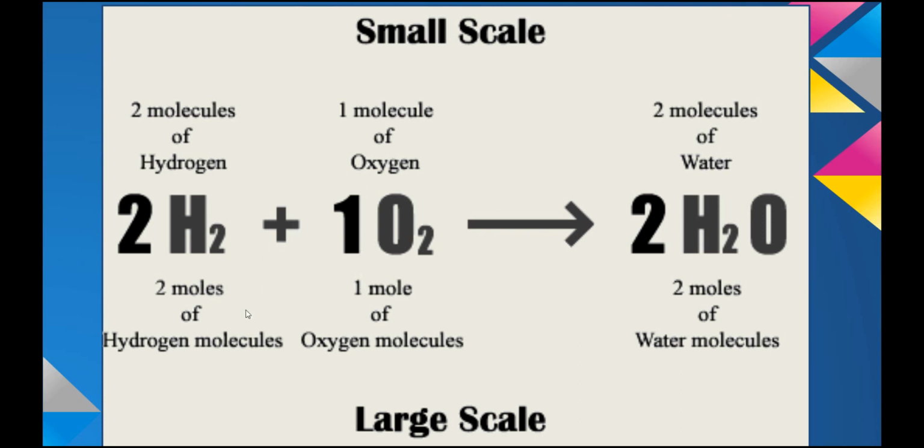So, there's 2 moles of hydrogen molecules, 1 mole of oxygen molecules, and 2 moles of water molecules. Whatever amount there is of hydrogen, it's going to be 2 times more than the amount of oxygen molecules, and exactly the same amount as the water molecules.